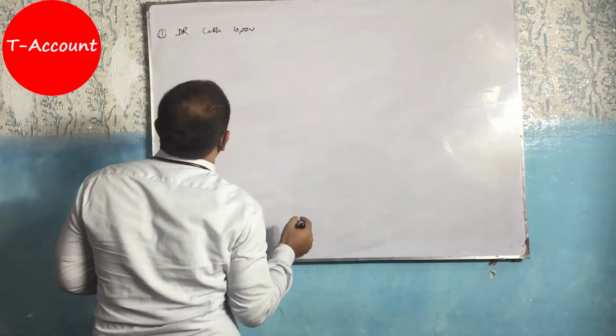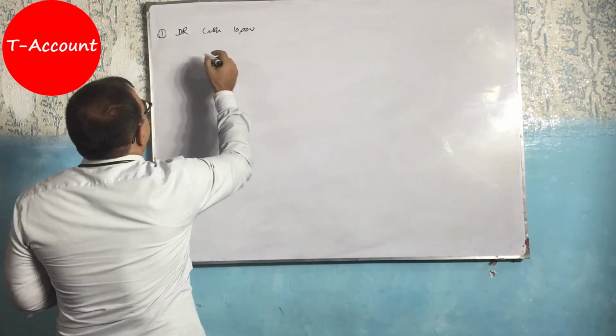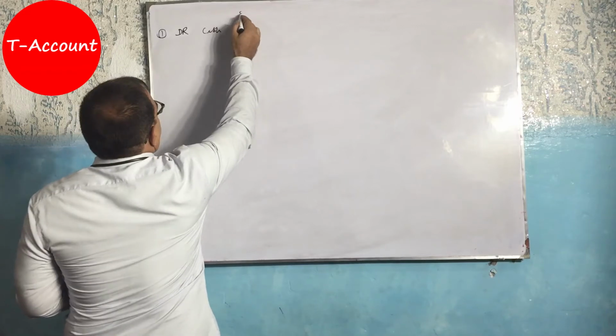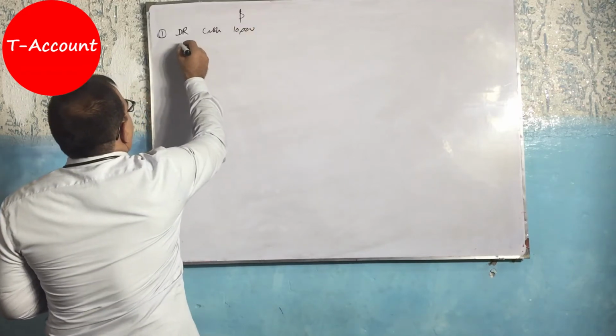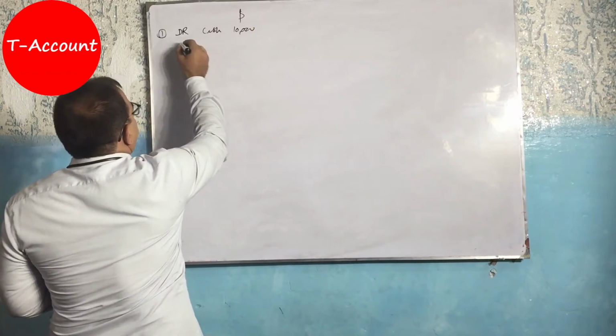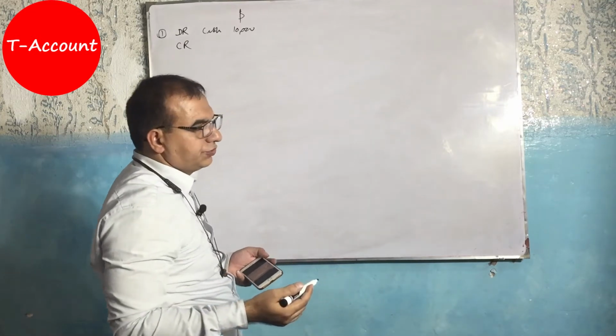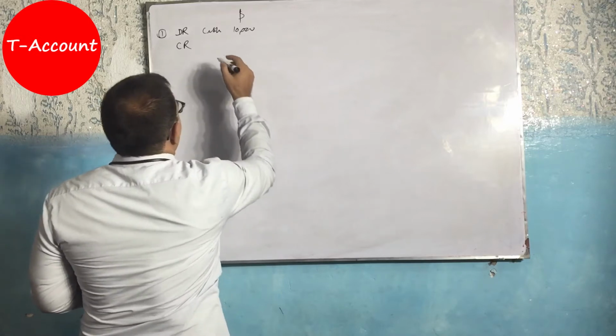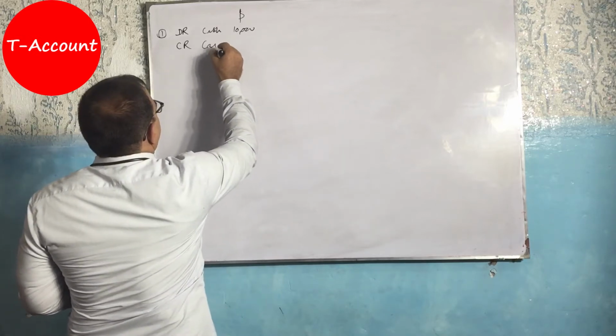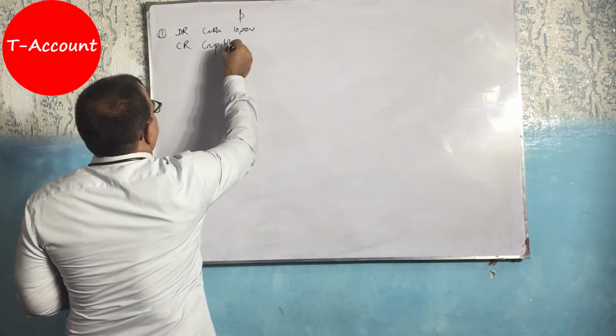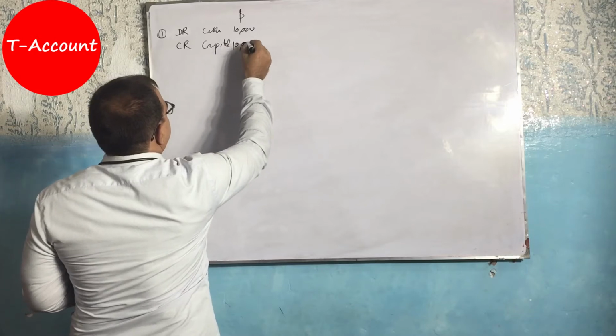Increase in asset of the business with $10,000. And what is the other impact of this entry? Other impact is equity, introducing capital. So an increase in capital is credit, 10,000.